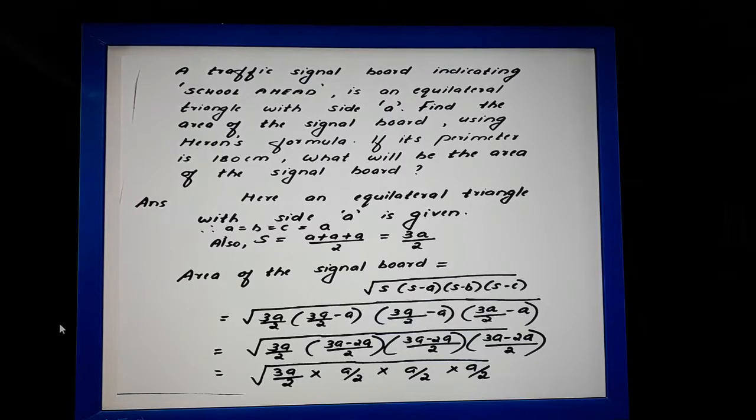Today's section problems. A traffic signal board indicating school ahead is an equilateral triangle with side a. Find the area of the signal board using Heron's formula. If its perimeter is 180 centimeter, what will be the area of the signal board? All explanation we have done in our section, you can copy it.